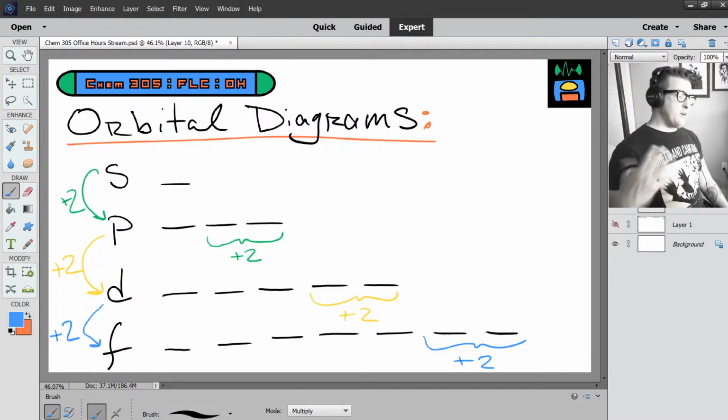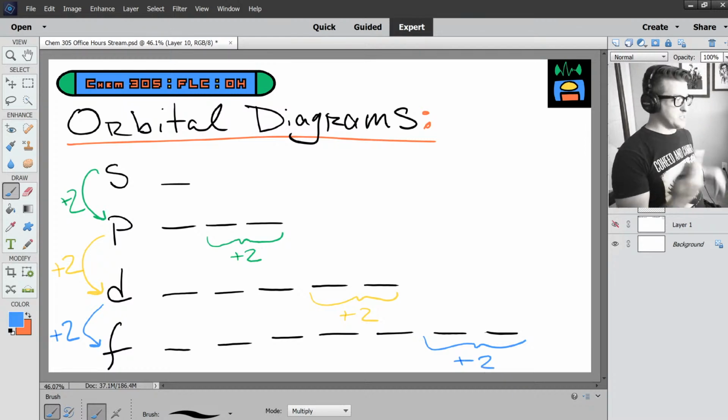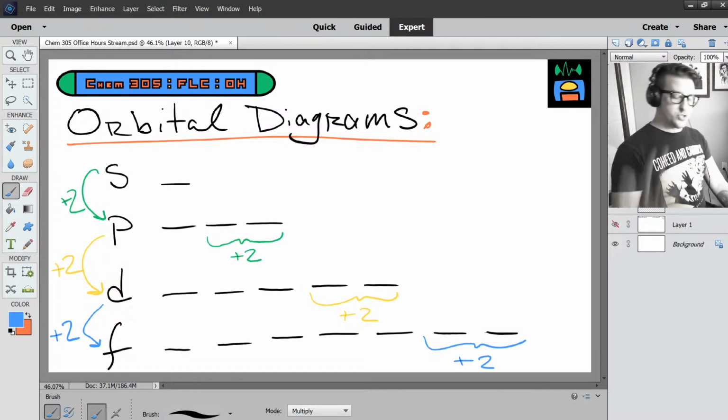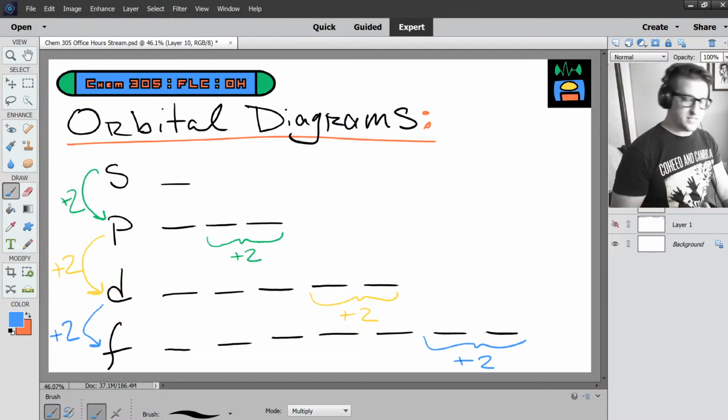The way I remember it is S, you start at 1, because we always start counting at 1. And then with each subsequent subshell, there's 2 more. So the D subshell has 5 orbitals, the P subshell has 3, and the S subshell has 1. All right.